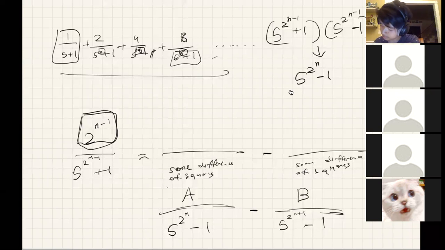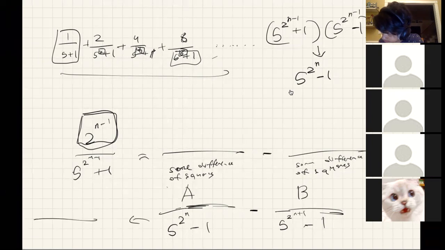So anyways, what we want to do here is to essentially do some cancellation and create a term. So let's say b here, a here.